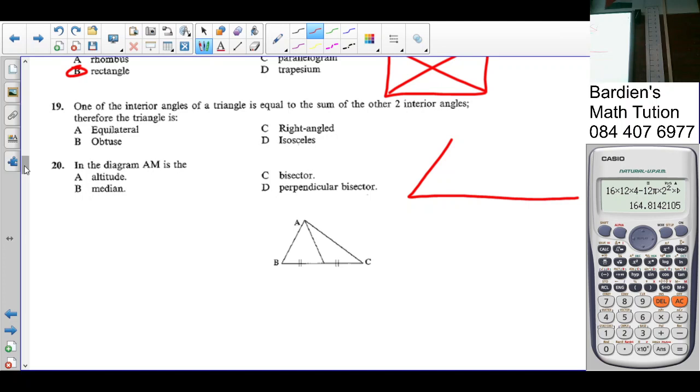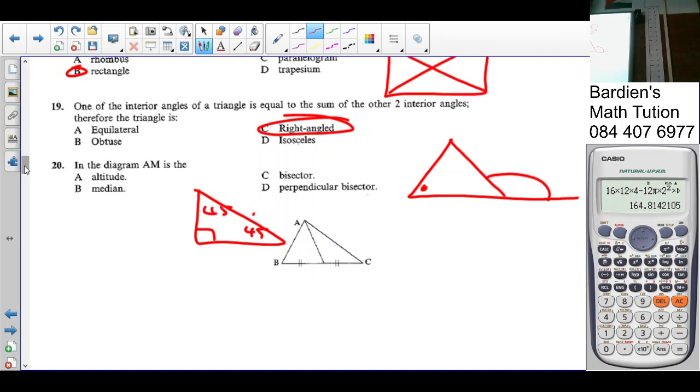Therefore the triangle has to have a right angle, with that being 90, 45, 45. So it's an isosceles right angle triangle. Just check what's the answer there? C. Right.